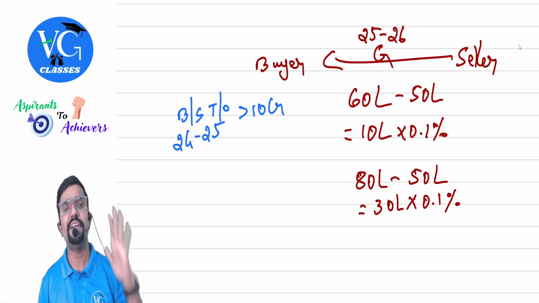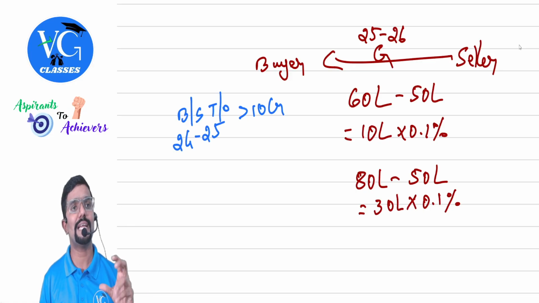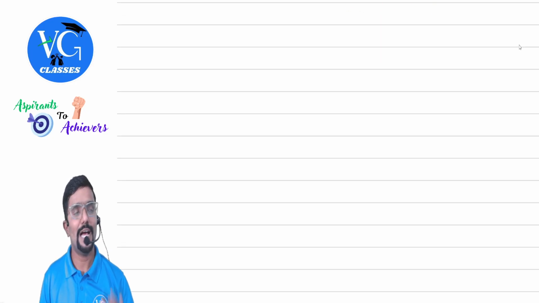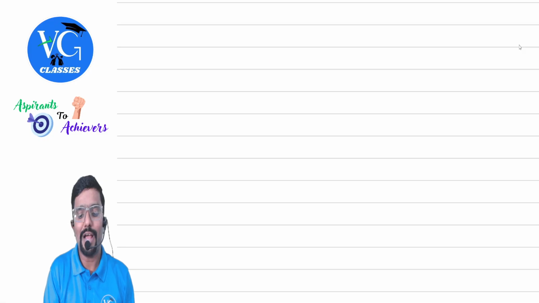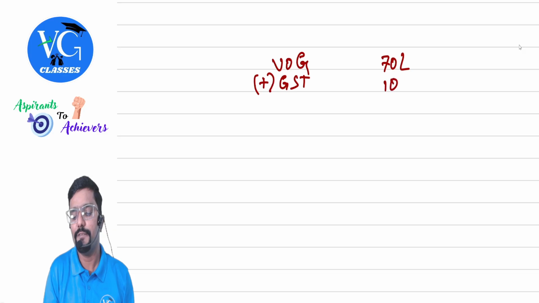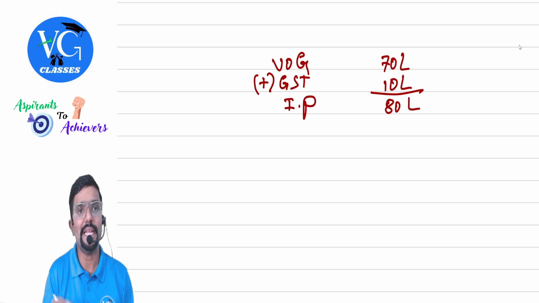One more interesting story. They told 50 lakh is excluding GST and any other tax. Guys, listen. Assume I have purchased goods. The value of the goods is 70 lakh. On that, GST applicable is, I'm just taking a random figure, 10 lakh. So what is the total invoice price? 80 lakh.